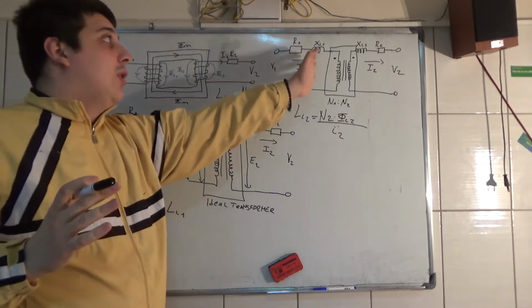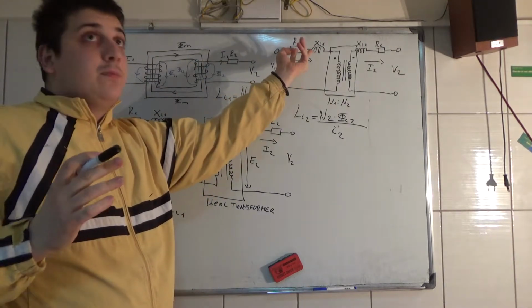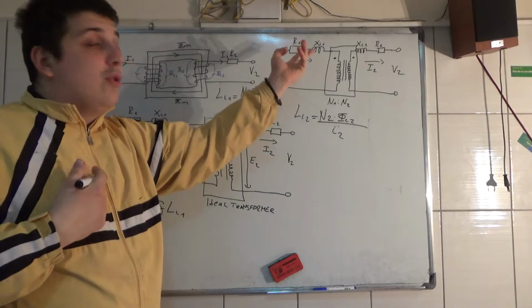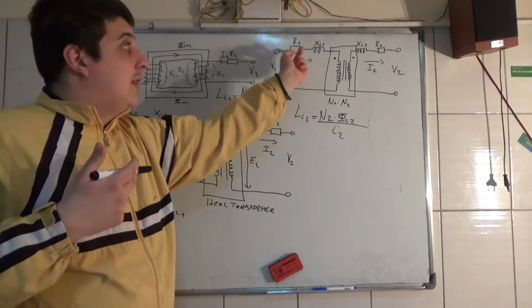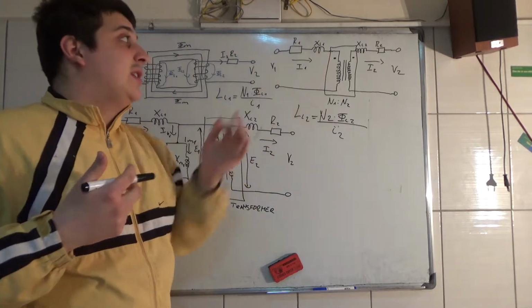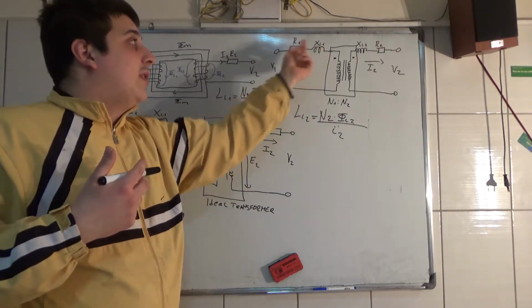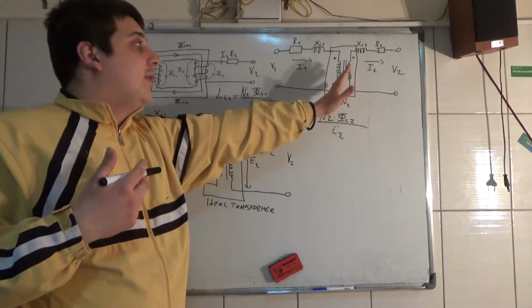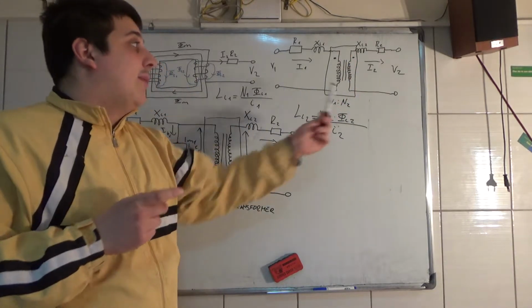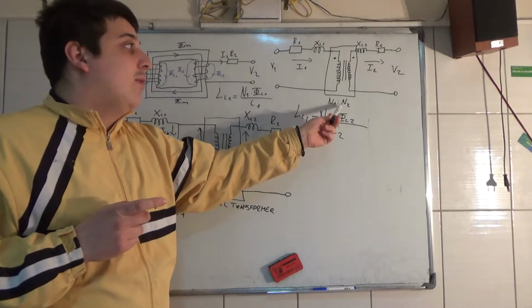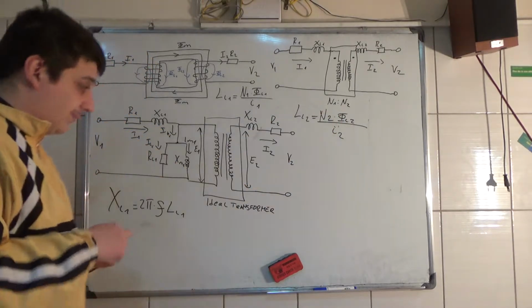In order to calculate and measure the resistance and the inductance, we put them aside, and we have a tightly coupled transformer with a turns ratio of N1 divided by N2.